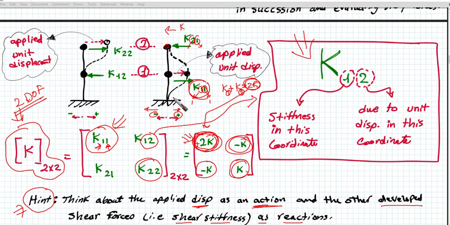So for example, we have K here, and we have 2K here. Then this is one of the reactions that is going to be developed, and based on that it is going to be K, and the sign is going to be minus, because we said this is going to be minus.